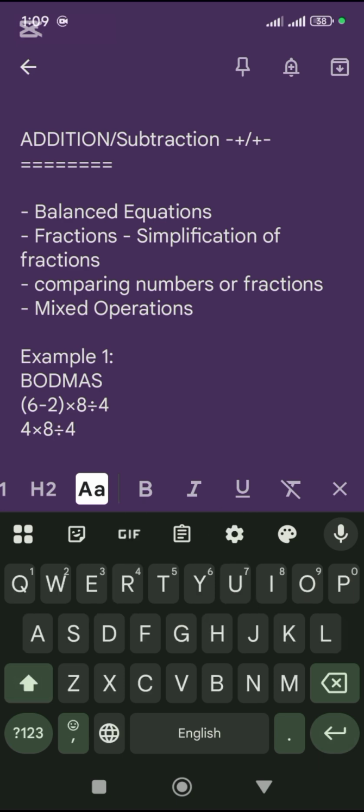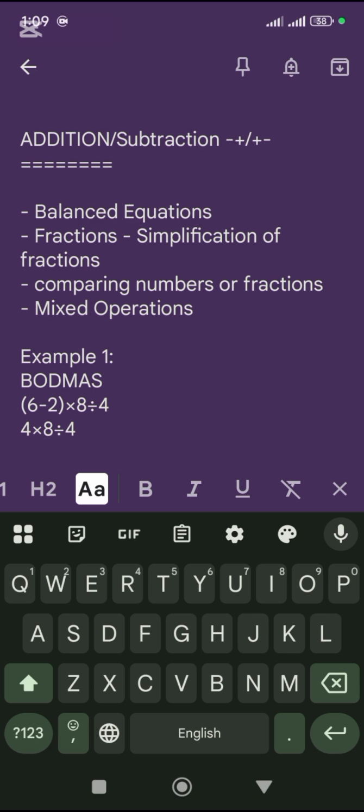Okay. You notice here now that in the BODMAS we have division first before multiplication. However, the sequence here, multiplication and division, follow a sequence. And because they follow a sequence, I will not go and divide 8 by 4.